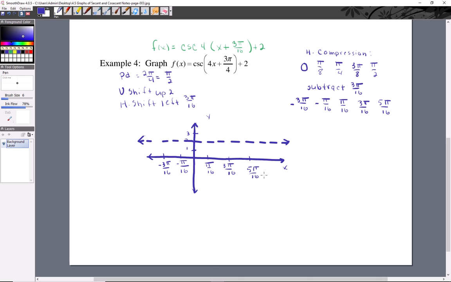And then finally 5 pi over 16. Okay, good. So we can put in some anchor points. And remember, these are going to be anchored 2 up normally from where they might be because of the vertical shift. It is based on sine, right? So your middle, high, middle, low, middle, and high. Let's see. Middle, high, middle, low, middle, high. What am I forgetting here?